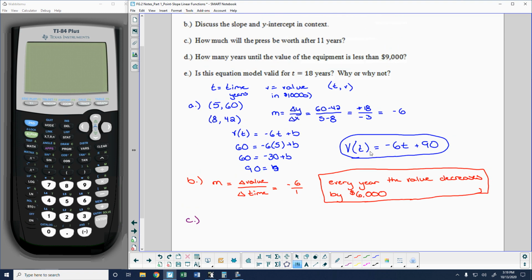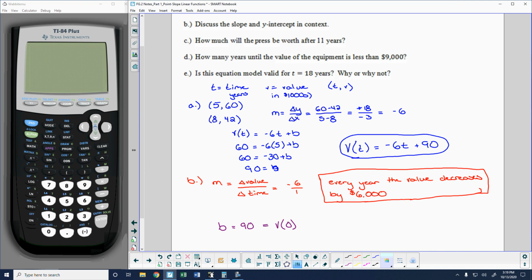B also asks about the y-intercept. I missed part of B. So the first part was slope, and then the second part is the y-intercept. Remember, y-intercept is basically when x is 0, and here it's 90.